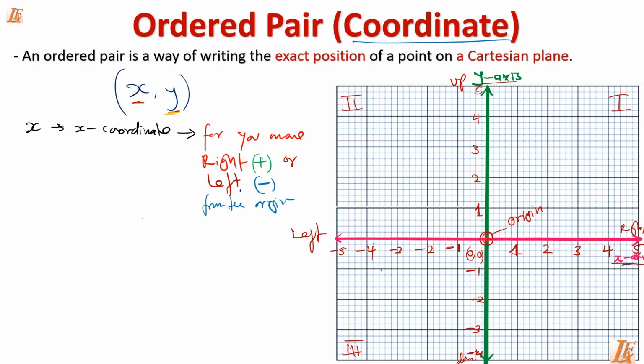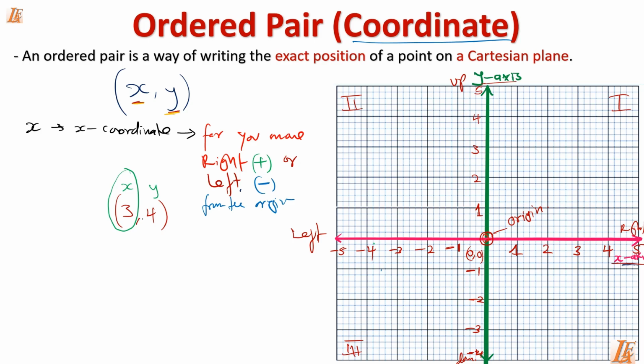So in this case, if we have a coordinate like this, 3, 4, the first part here is the x, and the second part here is the y. Therefore, it is telling us that you are moving to the positive side, the third mark on the x-axis. You are moving 3 points from the origin to the right.